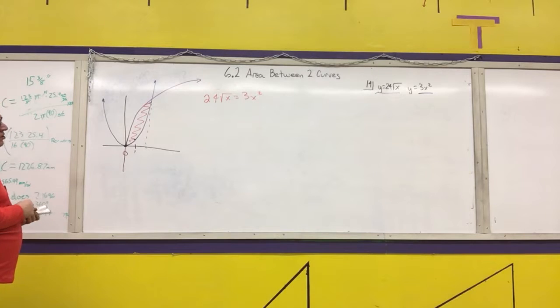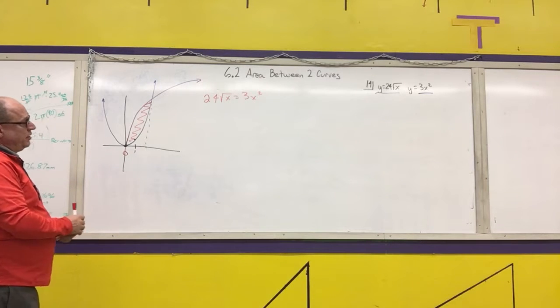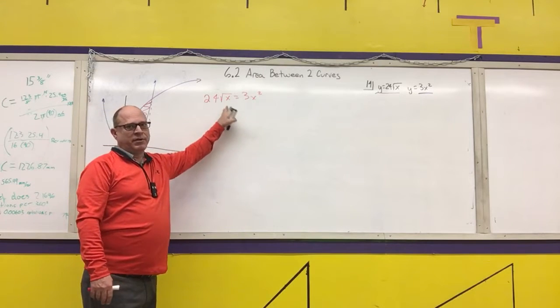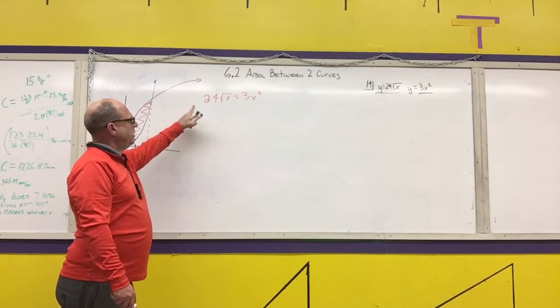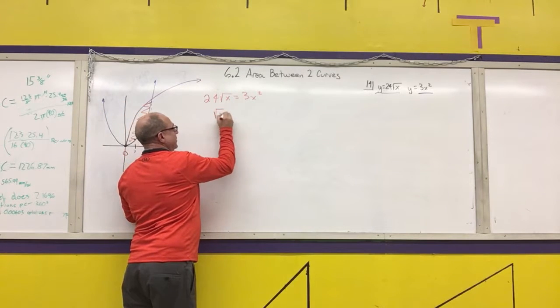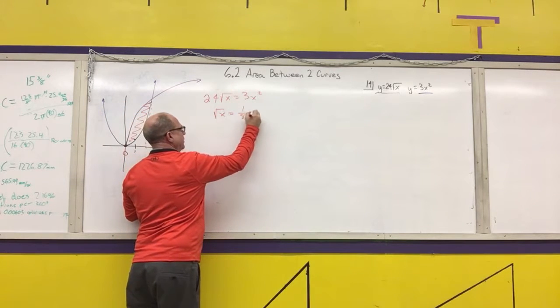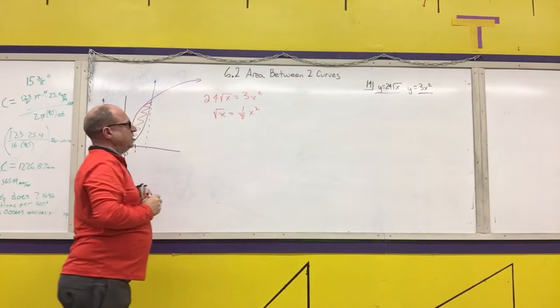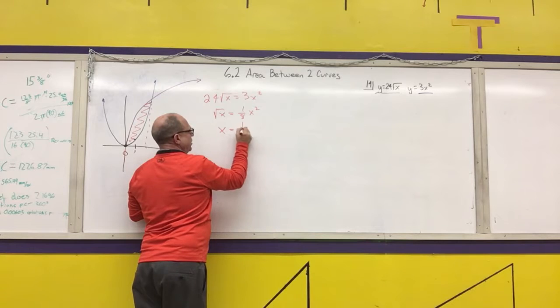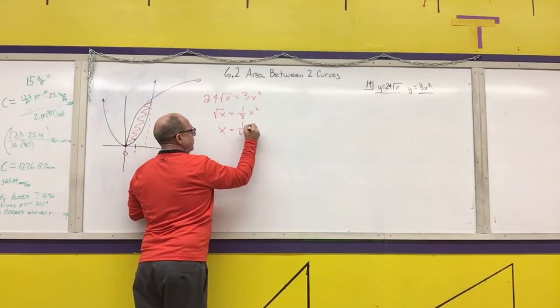So the first thing I want to do is solve this for x. Well, if I've got square roots, I'm going to want to get rid of that square root. So first thing I'm going to do is divide by 24. So I get the square root of x equals 1/8 x squared. Then I square both sides, and I get x equals 1/64 x to the 4th.